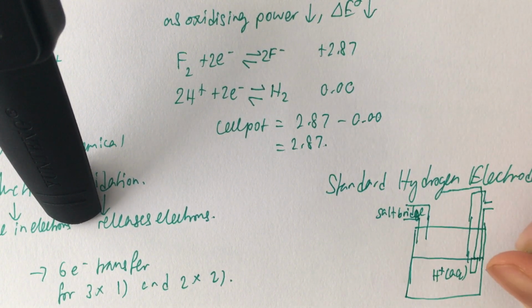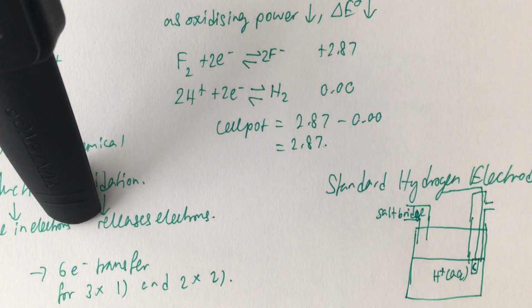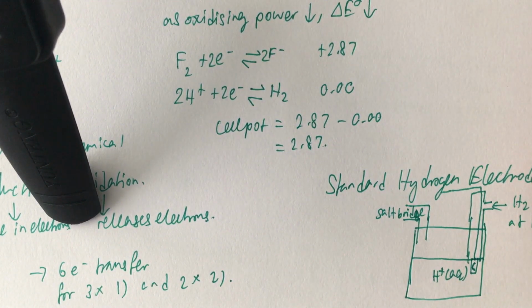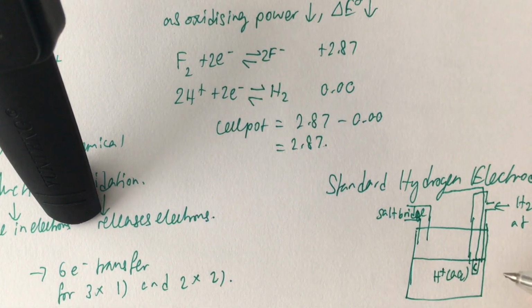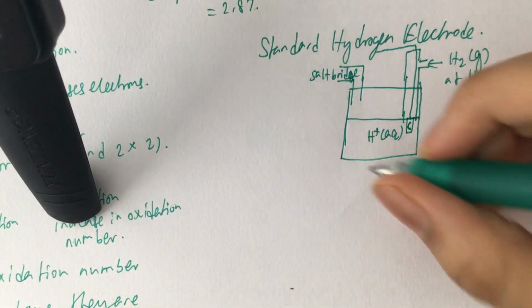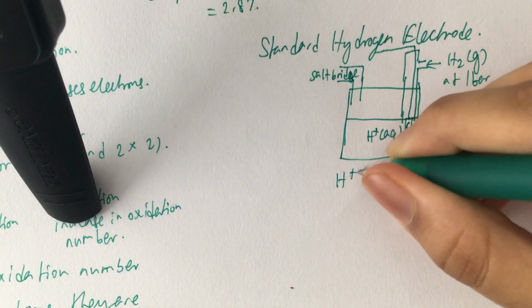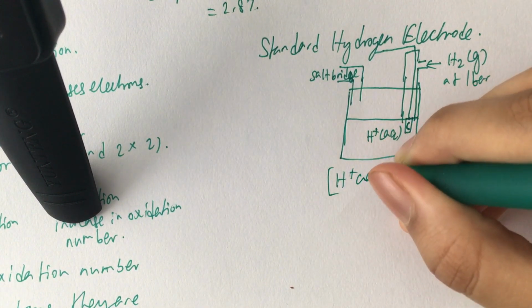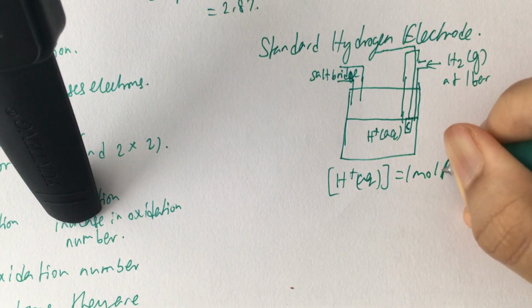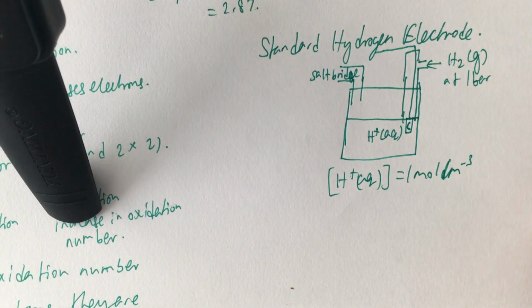You have to draw it in that way, and you have to specify that the concentration of H plus is 1 mole per dm cubed. Because it's hydrogen gas, the gas collected should have a temperature of 298 K and a pressure of 1 bar.